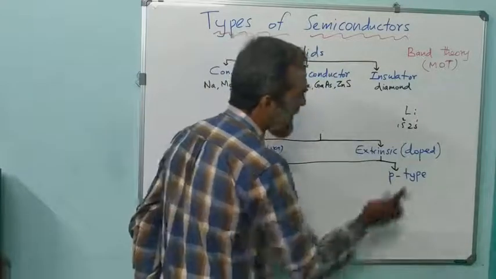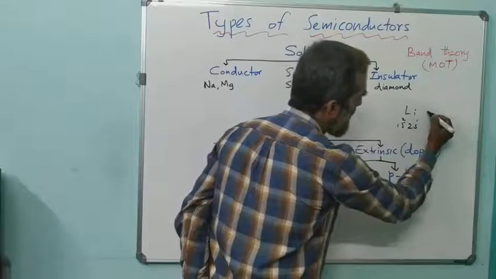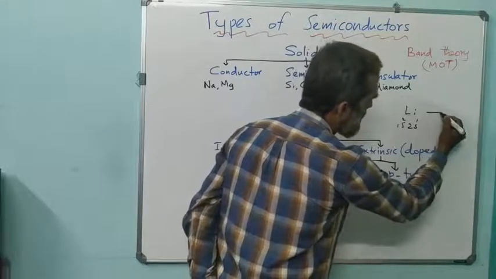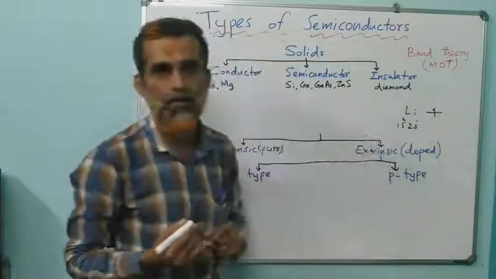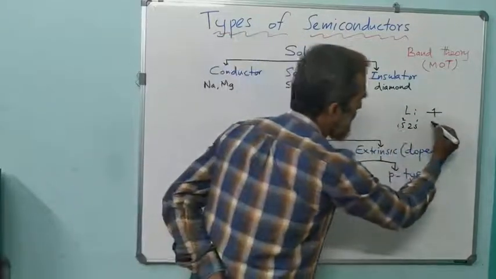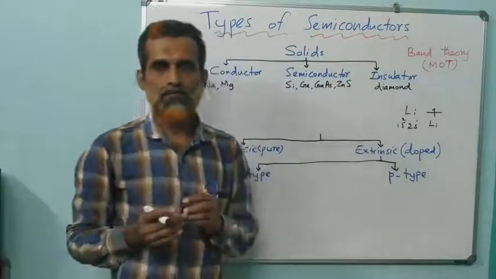So if you take the valence orbital, it is 2s1, so there is one electron in 2s. I am showing this 2s1 here. This is the case of a lithium atom, an individual atom.